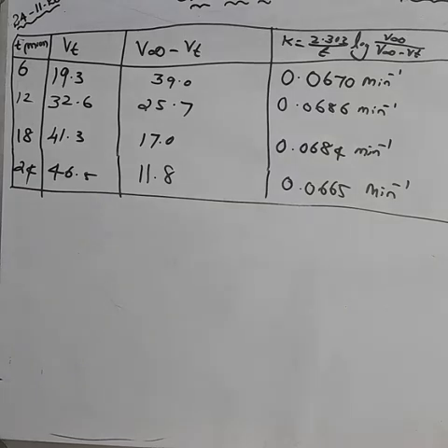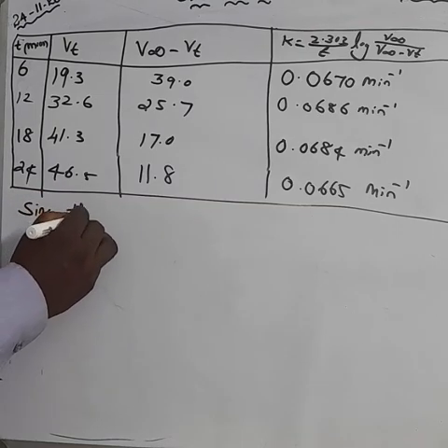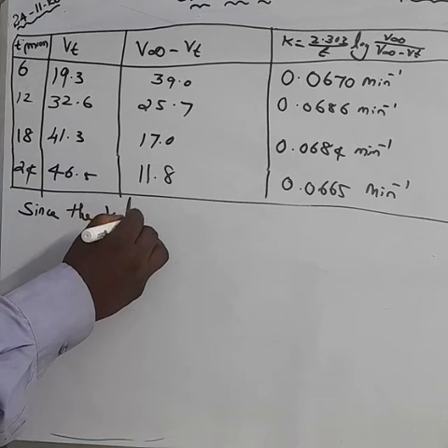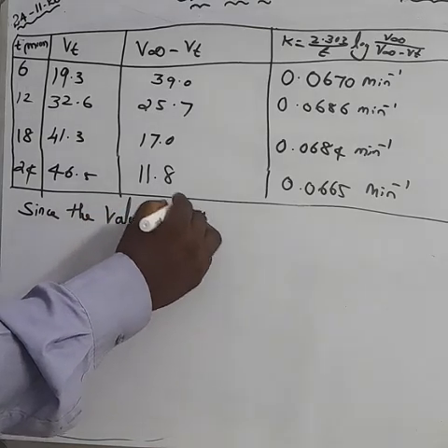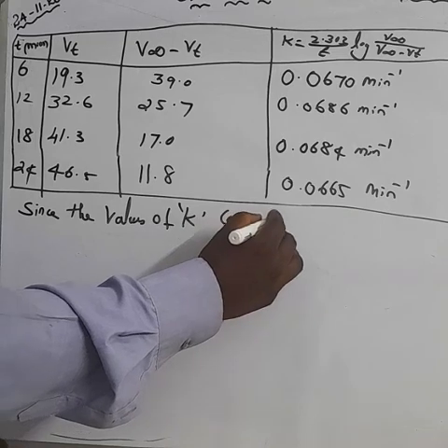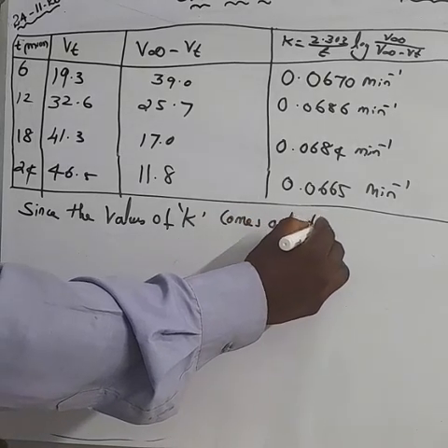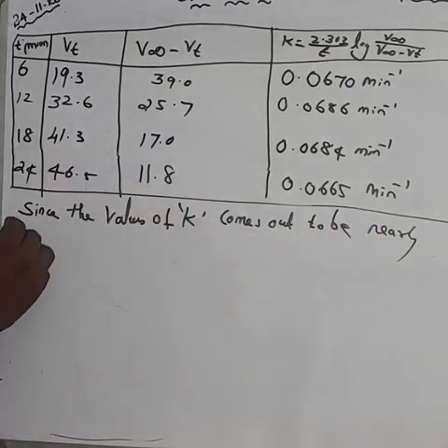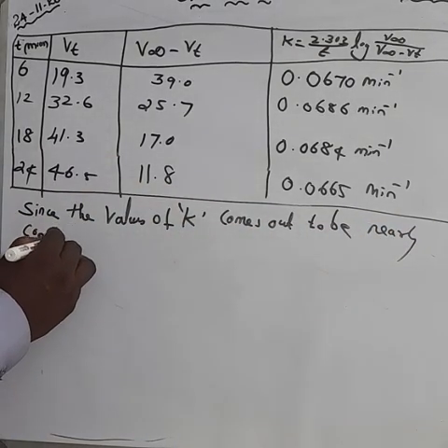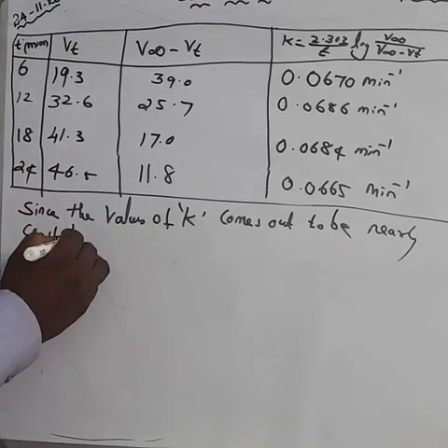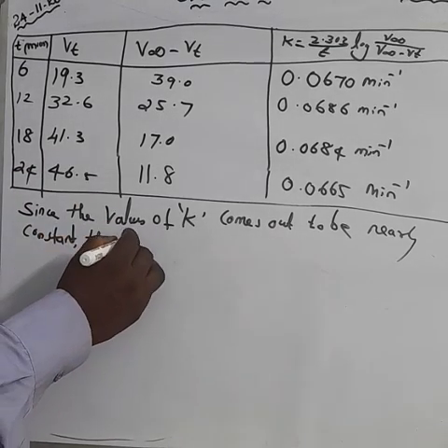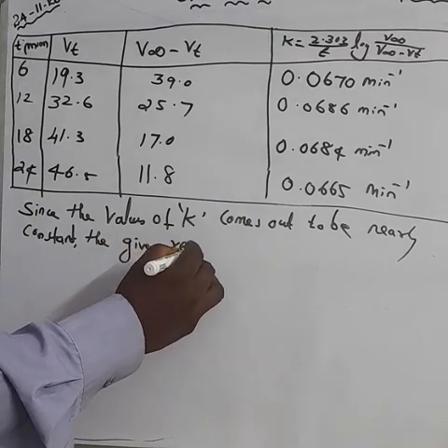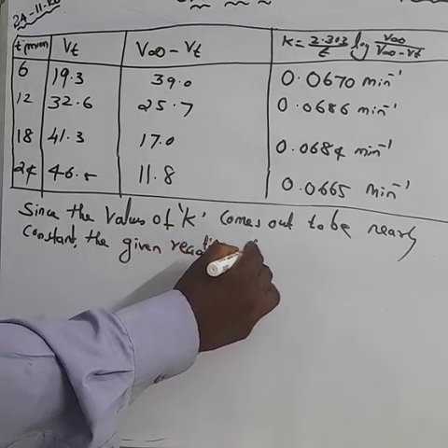Write one line here: since the value of k comes out to be nearly constant, the given reaction is of the first order.